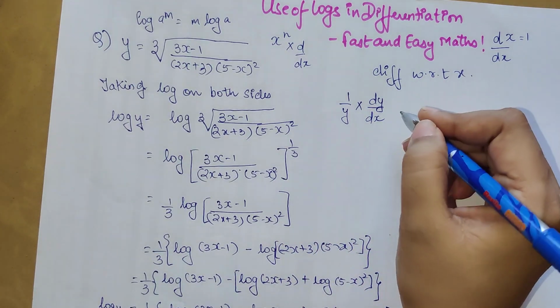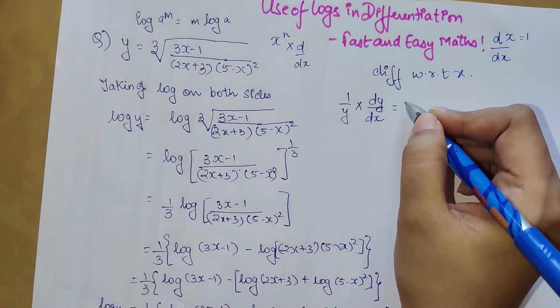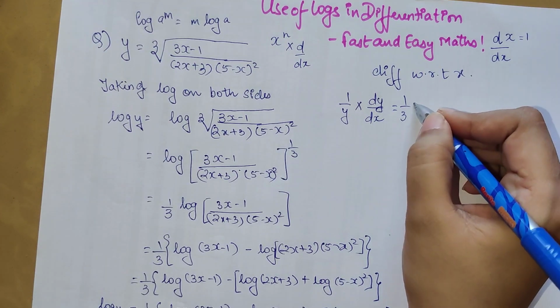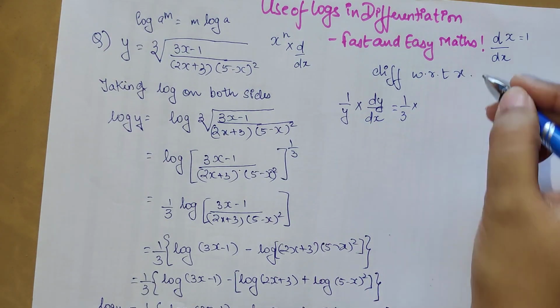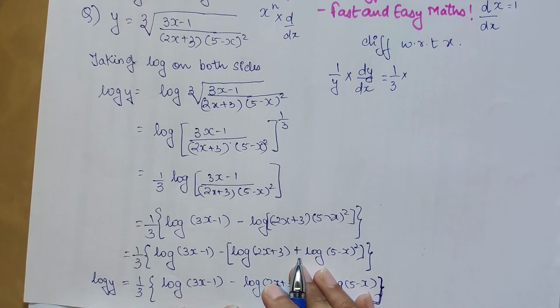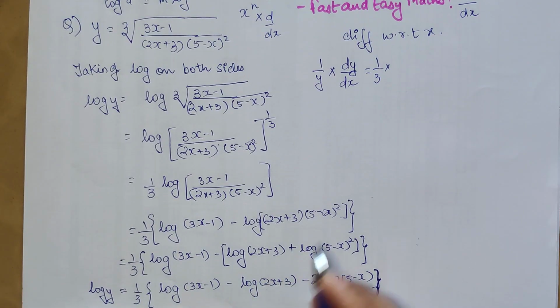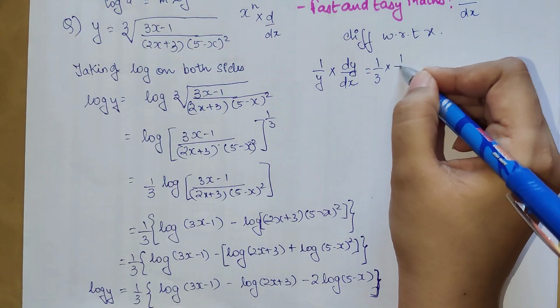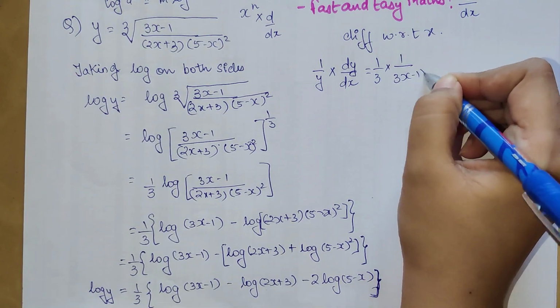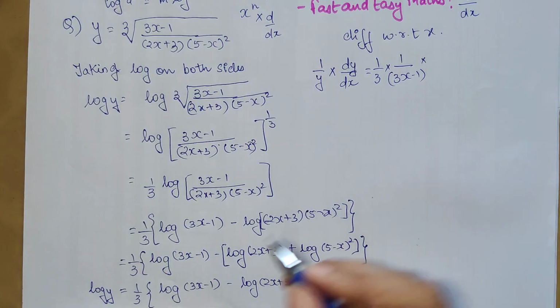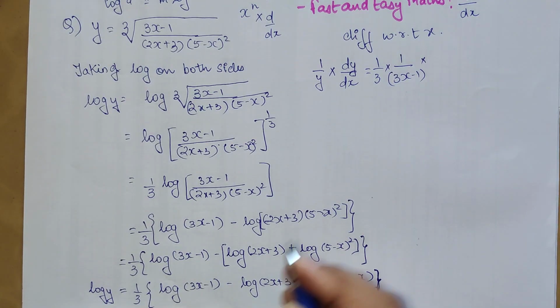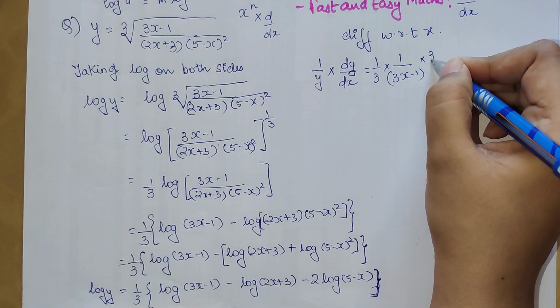Now we'll have 1 upon 3 into the differentiation of log of 3x minus 1, which is nothing but 1 upon 3x minus 1 into the differentiation of 3x minus 1, that is nothing but 3.